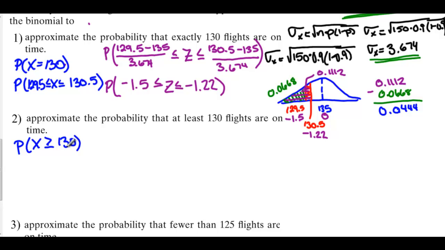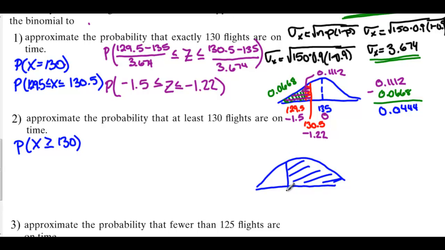All right, so this is good, but it's still not quite right as far as translating to an approximate probability. So even though it has the or equal, we're not done. So really, and maybe I'll draw the picture first. How about that? So greater than or equal to 130. If the 130 is here, and the greater than is all this area, I need to add a half to that area.